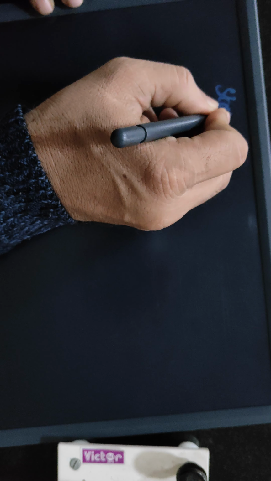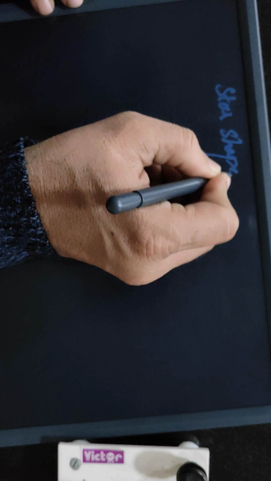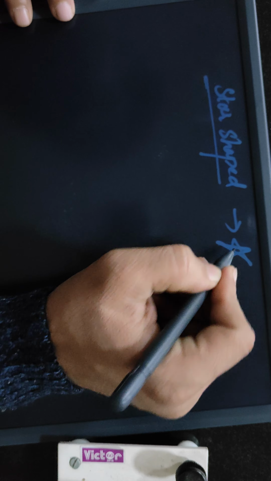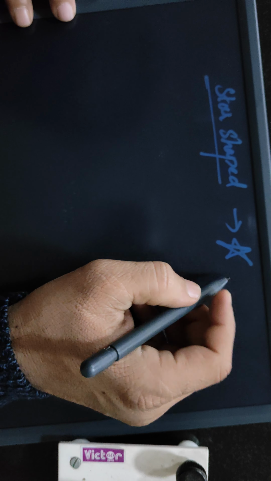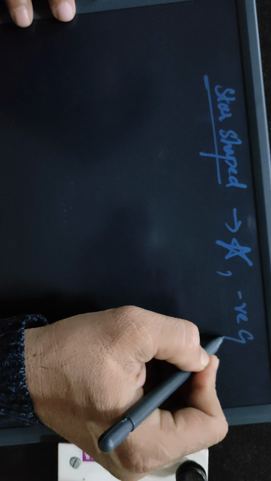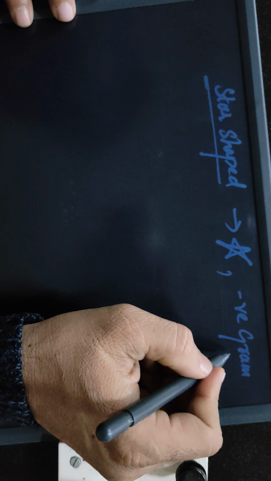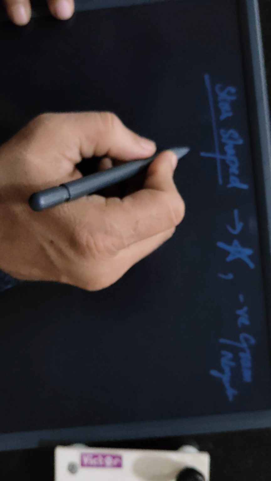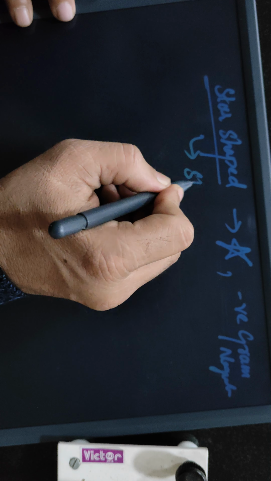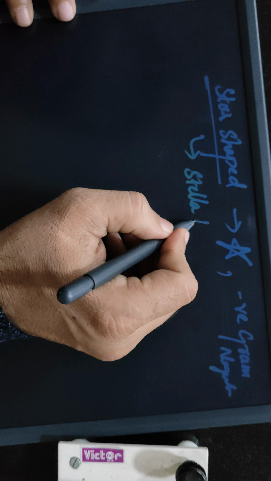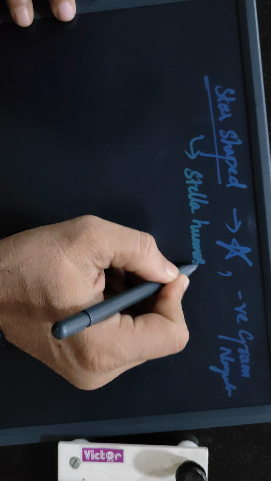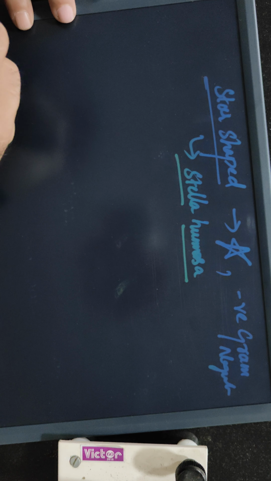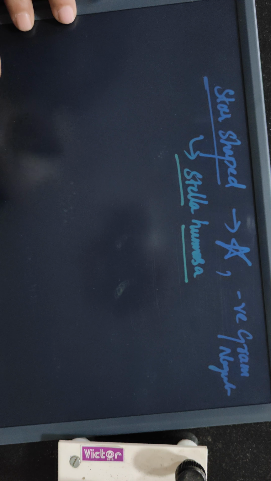Star shape, which resembles a star, and they are reported to be gram negative bacteria. Example for this is Stella humosa.